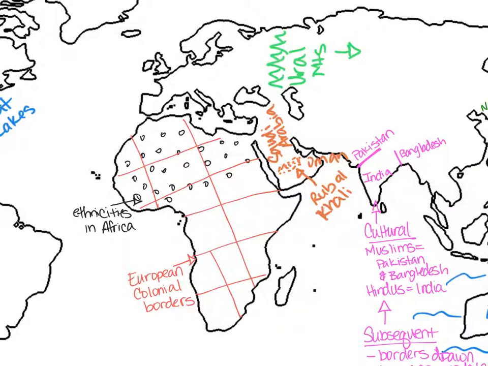And we also call these superimposed. Superimposed borders are borders drawn over existing borders.